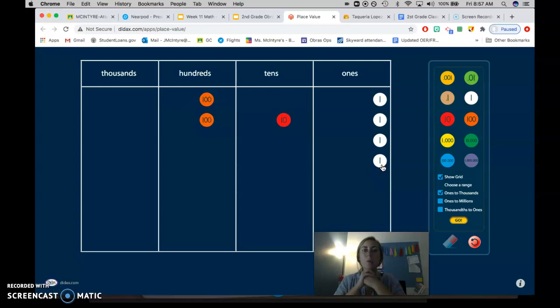Think in your brain, what number did I just make? That's right, I made the number 214. I have 2 hundreds, 1 group of 10, and 4 loose ones.